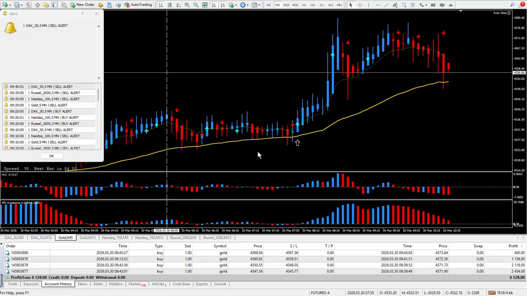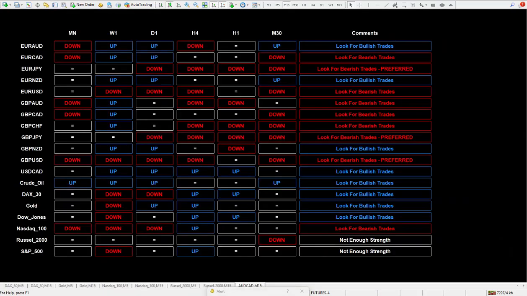Now I also check my daily trade plan just to see what it says. I could have traded lots of instruments, Forex and the futures, but I decided to go with gold because the setup looked pretty good.